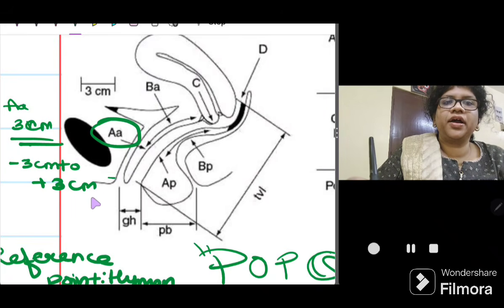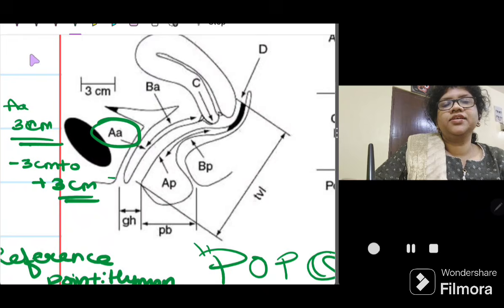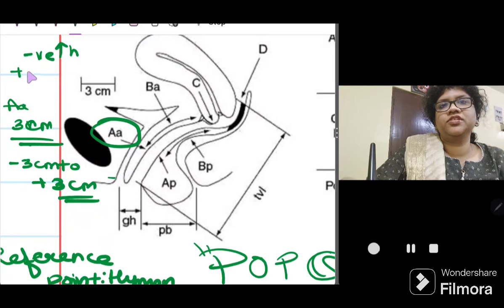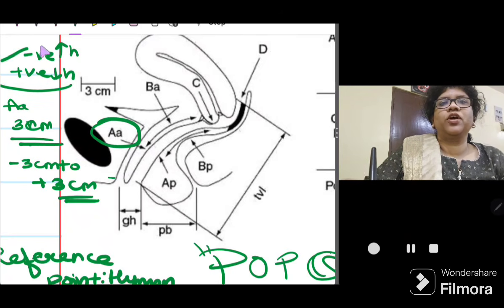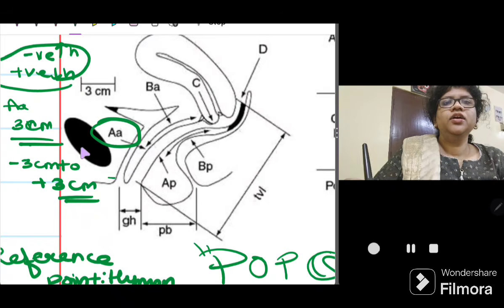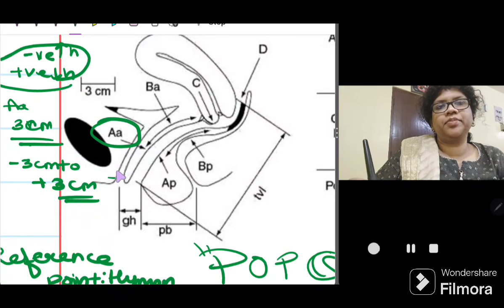Now what are this minus and plus? Minus is anything above the hymen, whereas positive is anything below the hymen. So this is something that you have to remember. This AA point can be -3 to +3. In a normal condition it has to be -3.